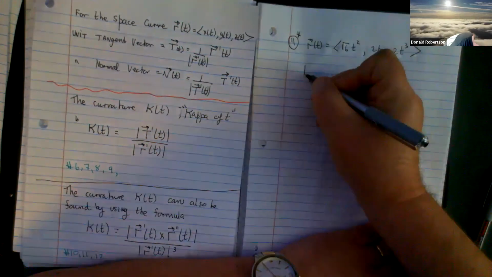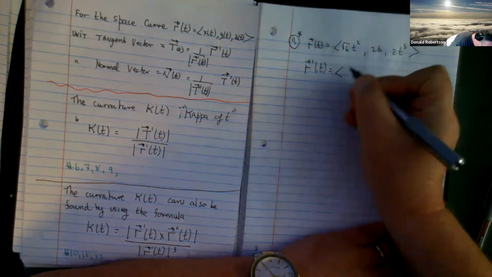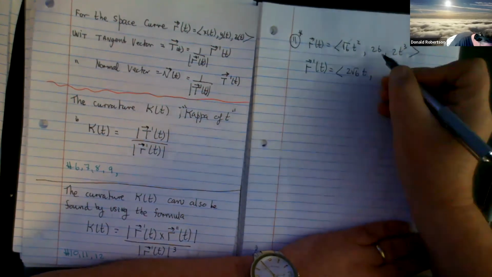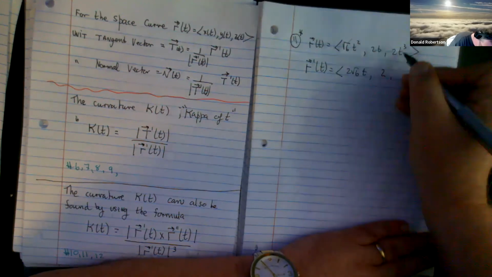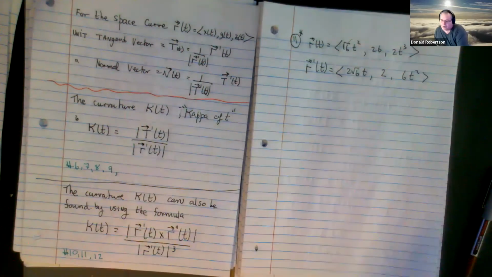So I'm going to just find the derivatives first. The first derivative, multiply by the power and reduce the power by 1. First derivative. Are we comfortable with that?